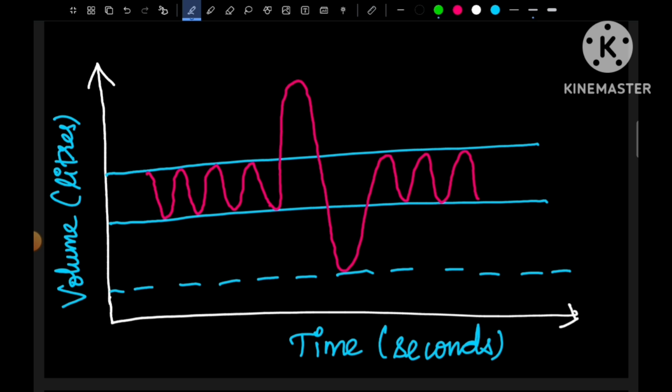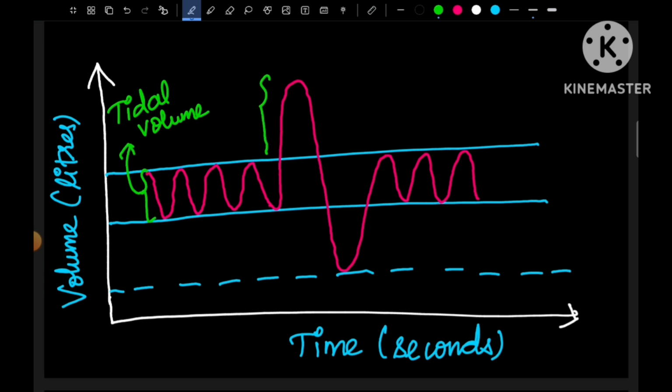What is this pink line which we have drawn here in between the reference lines? This is the tidal volume. Next, what is this peak point?